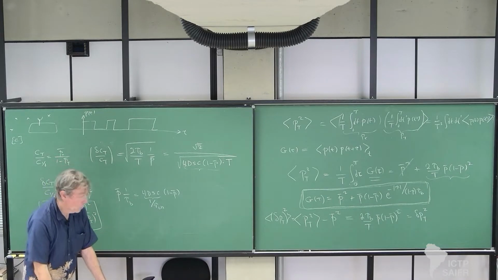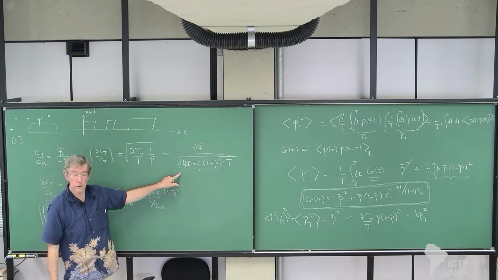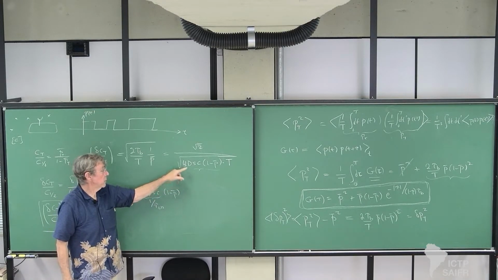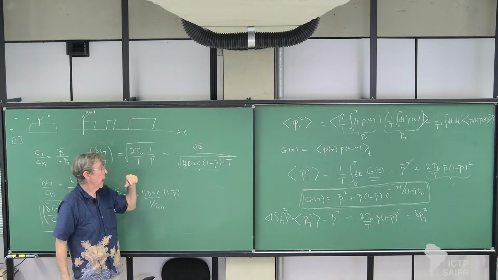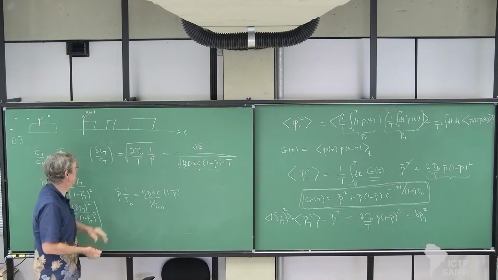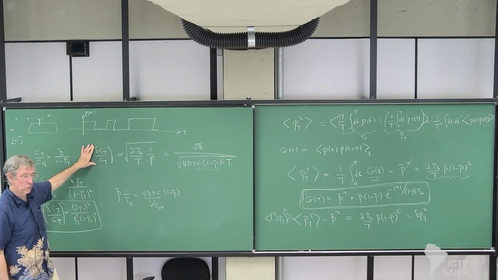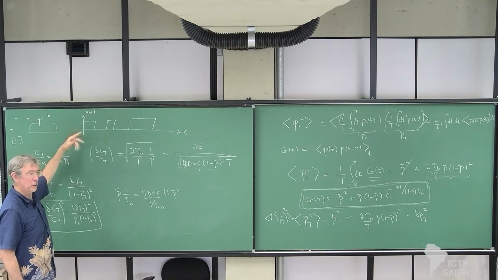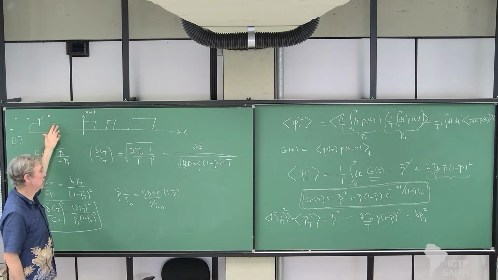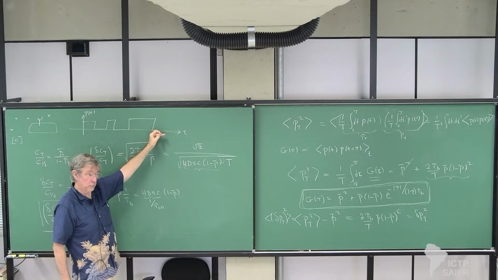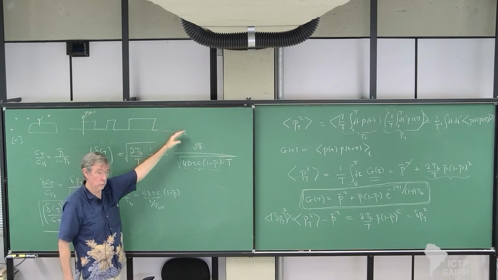All right, so we'll actually put some numbers in to figure out what this really implies for the life of a bacterium. But the point is, there's a very explicit formula for what's the fractional error that you're going to make if your only way of accessing the concentration of the molecules that are outside the cell is the occupation of the receptor as a function of time. 0, 1, 1, 1, 0, 0, et cetera.